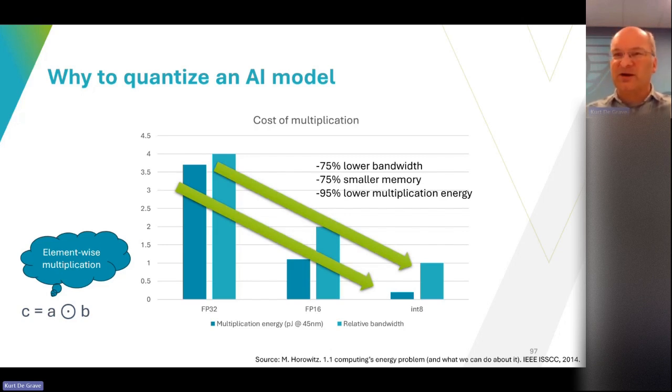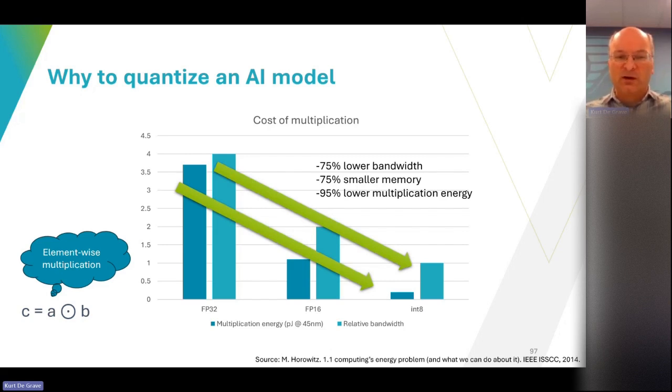It was on 45 nanometer chips back in the time, but the principle stays the same. If you do multiplication, which our LLM is doing in huge amounts, if you do multiplication of two numbers of 32 bits, that consumes a certain amount of energy.